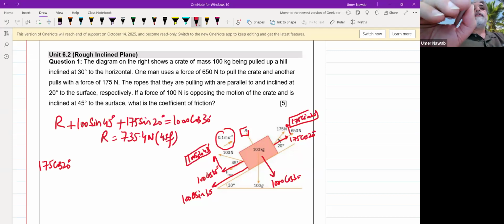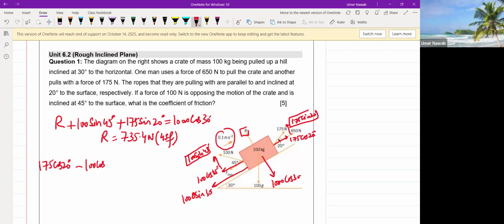It is moving with an acceleration 0.1 meter per second squared. It's not in limiting equilibrium. So 175 cosine 20 and minus 100 cosine of 45 minus F max and also minus the weight component 1000 sine of 30 degrees.